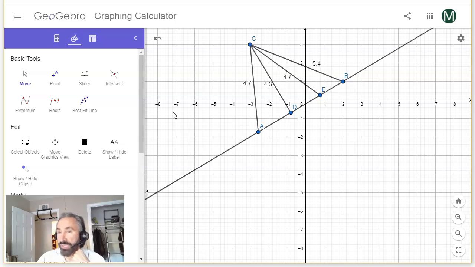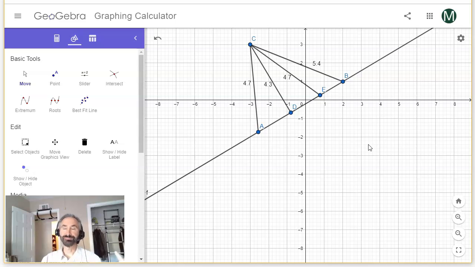Now, if you're just going to eyeball it and guess, I'd like you to hit pause and guess which one of these lines would be the best estimate for that. Take a moment, pause the video, and see if you can guess which line would be the best to use for distance. I'm hopeful that you paused the video, and your choice would have been either line AC or line DC or EC or BC.